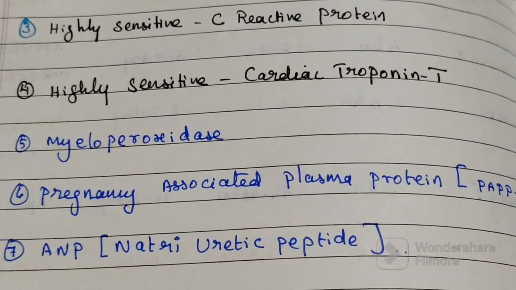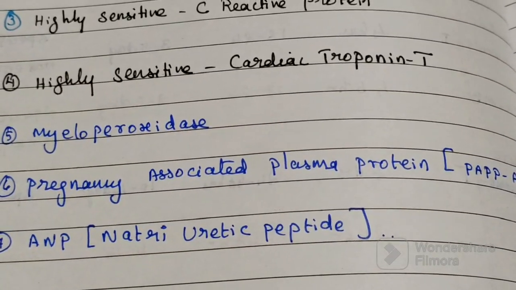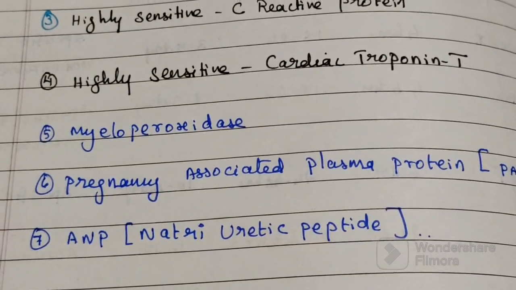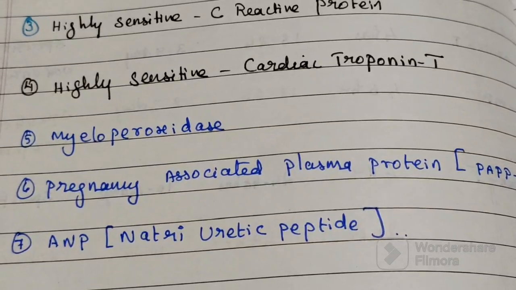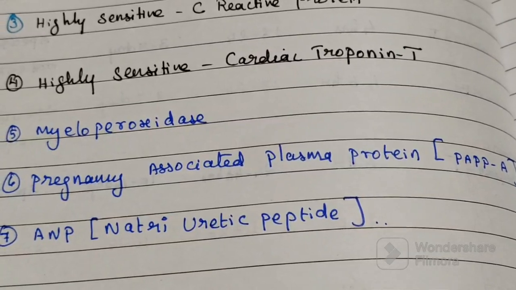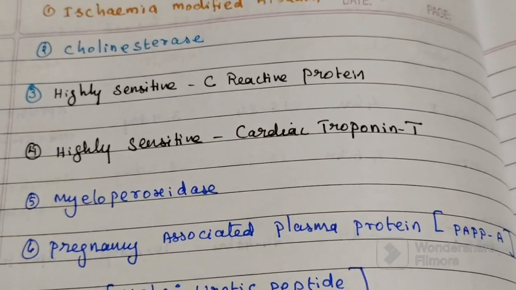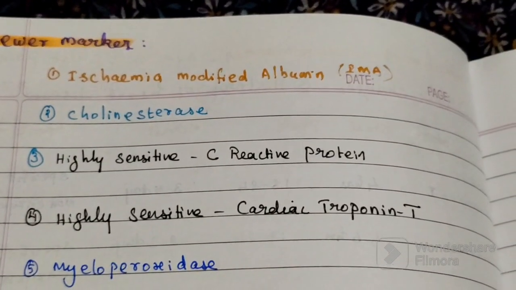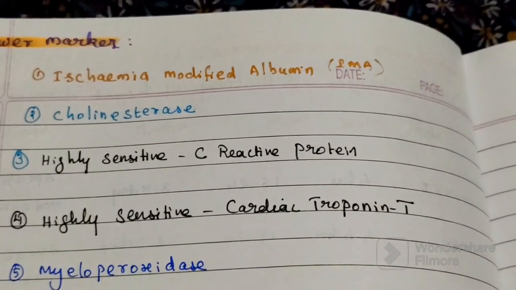Next one is highly sensitive cardiac troponin T. It starts rising 3 hours after the attack. Then myeloperoxidase, then pregnancy associated plasma protein A, then the last one is natriuretic peptide. These are the newer markers used as cardiac markers.